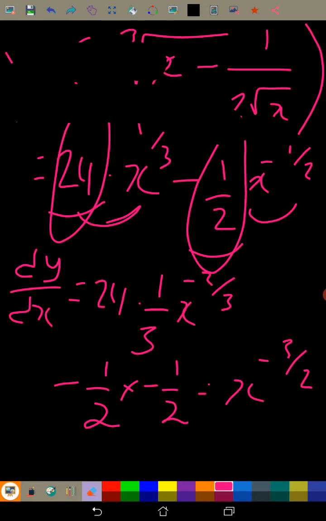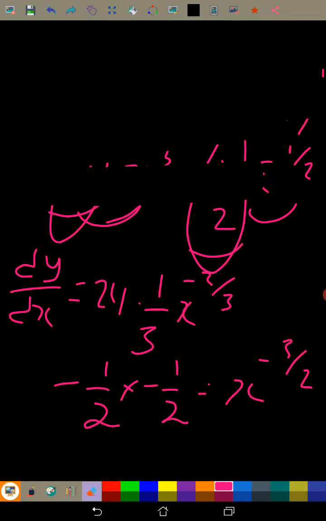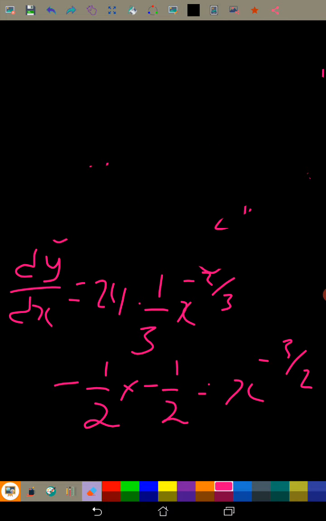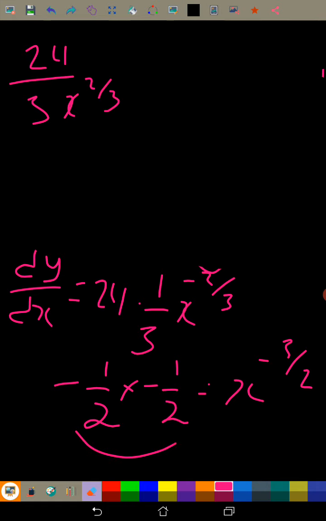If I erase here and make some space, let's rewrite this. So what do we have here? We have 8 x to the minus 2 over 3, and this times this, you get plus, and you have 1 over 4, and you have x to the minus 3 over 2.